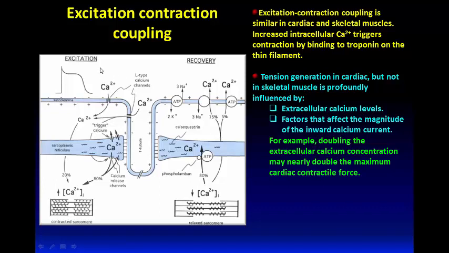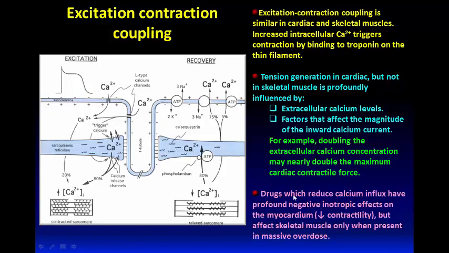For example, if the concentration of extracellular calcium ions is doubled in the extracellular fluid, this may nearly double the maximum cardiac contractile force, because the more calcium we have in the extracellular fluid, the more calcium gets in, the more calcium is released from the sarcoplasmic reticulum, and the more calcium is available for the contraction.